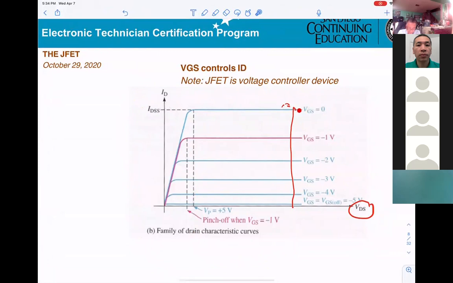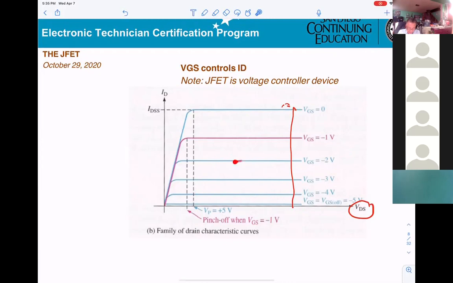When VGS equals 0, the current will be equal to IDSS. If you pick any point, say a point right here, what does VGS equal? VGS is minus 2 volts. At this point right here, you get minus 2 volts.